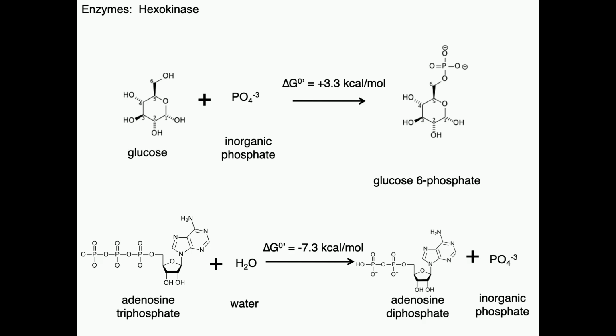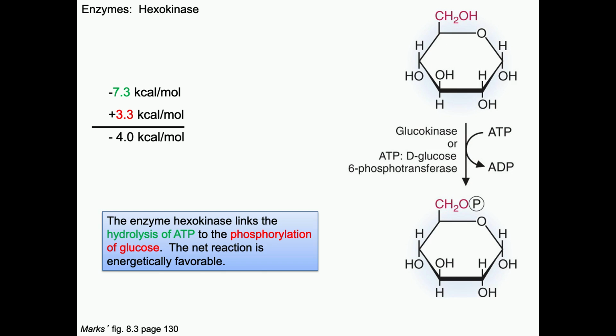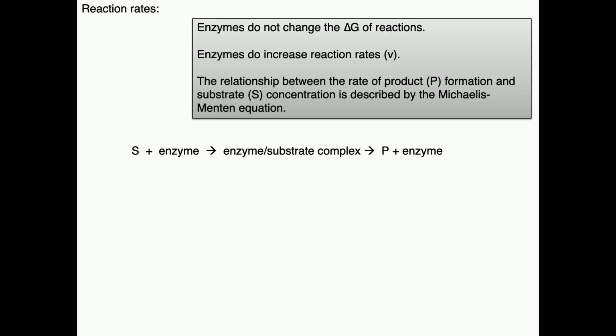So even though it's energetically favorable, that doesn't mean that it's going to be happening at a rate that is useful for the body, okay? And that's where enzymes come in. And enzymes, we know that they don't change the overall delta G of the reaction, but they do have a very significant effect on the velocity of product formation, the reaction rates.